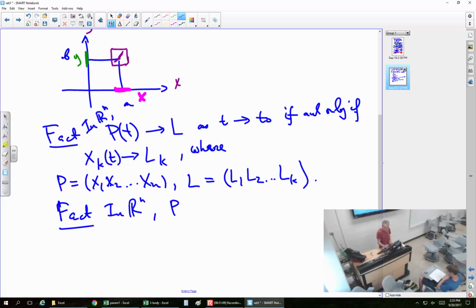So we have a P of t. This time it is a parametric curve. Let me call it V of t, as I have in the past.